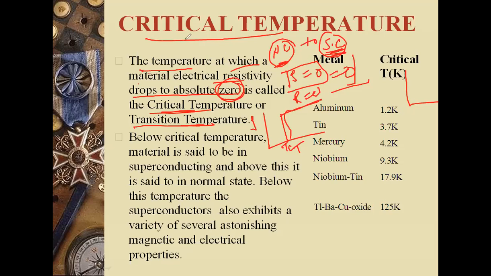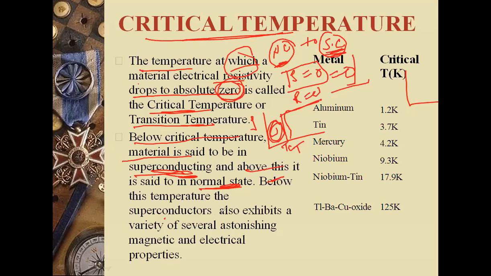So we know the critical temperature, transition temperature definition now: the temperature at which the material's electrical resistivity drops to zero. Below the critical temperature, the material is said to be a superconductor. This whole region is superconductor. Above this, normal conductor.